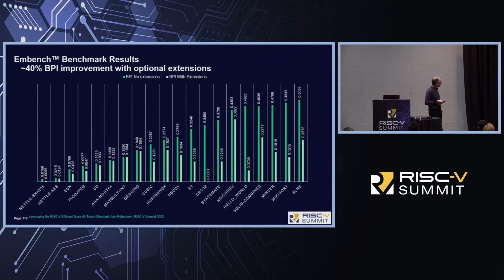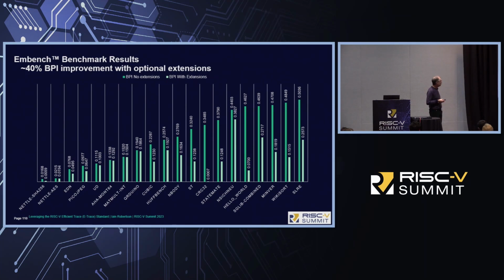So the first thing to note here is that there's a very wide range of encoding efficiencies. It's very dependent on the particular nature and characteristics of the program. Some programs are much more compressible than others. The second thing we can see here is, in the dark green, we've got the encoding efficiencies of the basic mandatory features, and then in the pale green, with the optional efficiency extensions turned on.